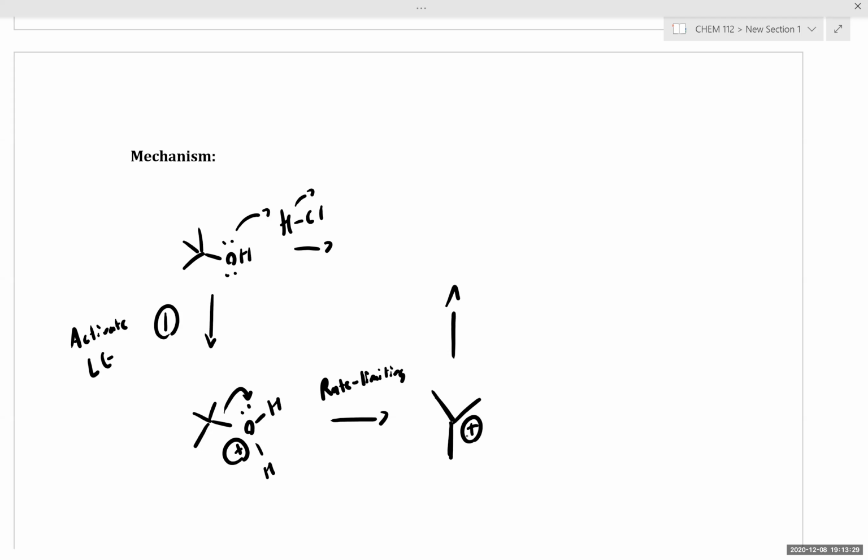So we treat this alcohol with hydrochloric acid. What nucleophile is derived from hydrochloric acid? Would anyone like to volunteer a guess?